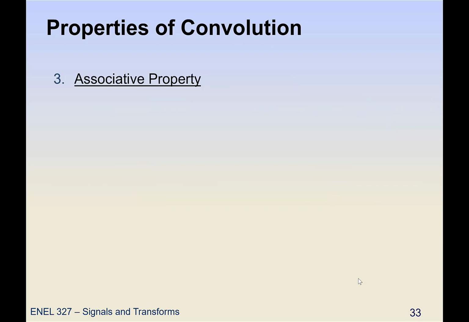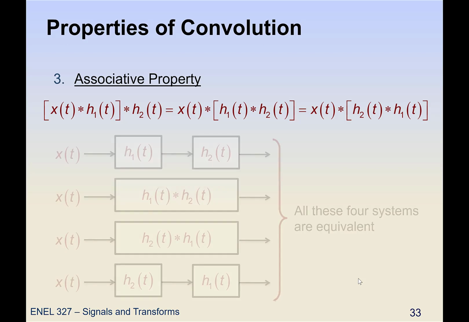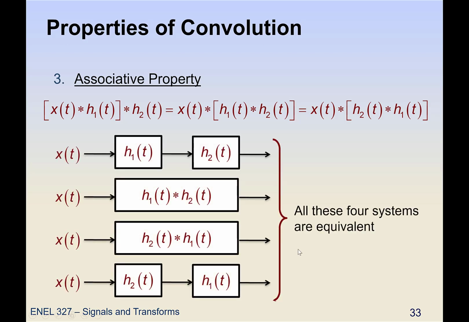Next is the associative property, and that is just that it doesn't matter what order you do two consecutive convolutions. It's the same with multiplication: if you have three numbers, multiply them together, it doesn't matter what order you do it. Same thing is true of convolution. What that means is, think of this as a signal going into a first system, and then that is the input to the next system.